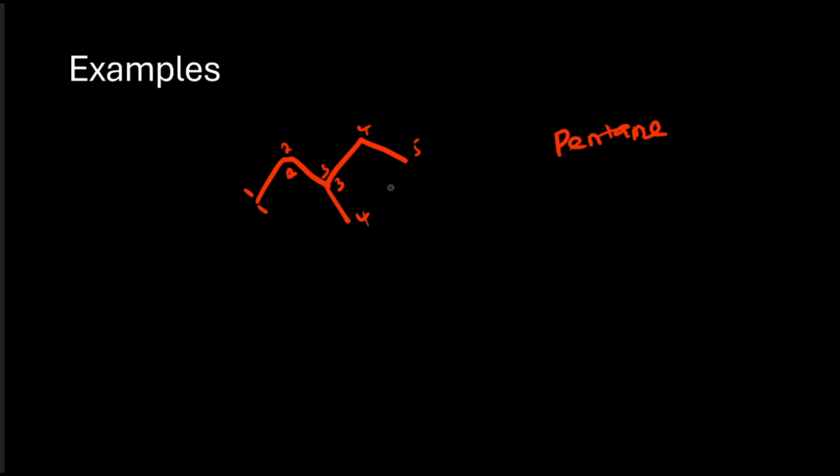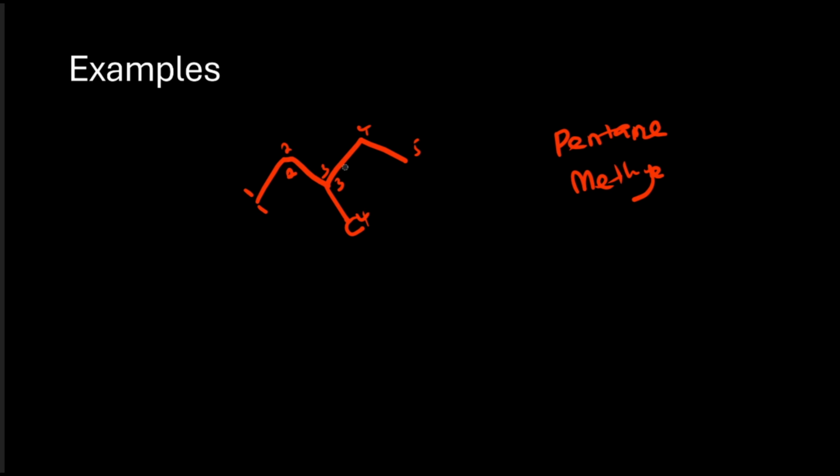And then we identify the substituents or the groups attached to the main chain. In this case, we have an alkyl group with one carbon atom attached to this chain. And so we identify the substituent as a methyl, and then we find the location of this methyl.